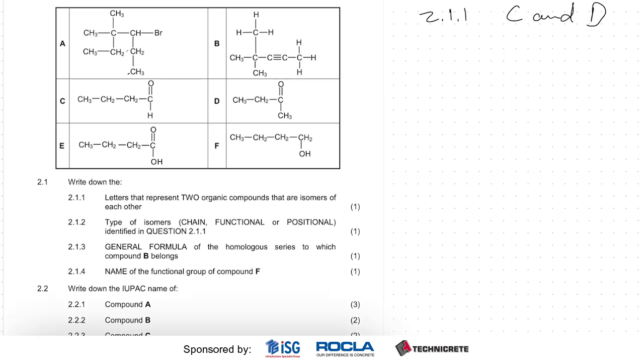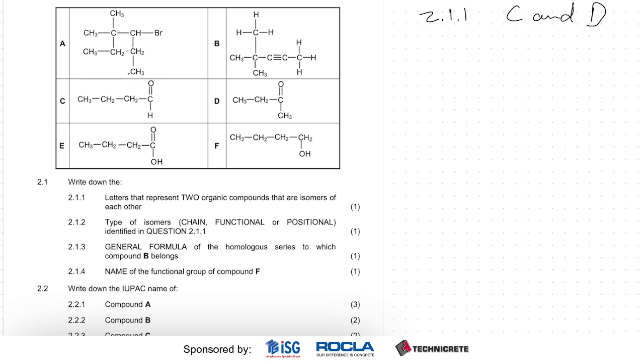What do they have in common? The thing is, they both have this carbonyl group, okay? The C double bond O. And that serves as the functional group. So the only difference is the positioning of the functional group. They both are straight chain molecules. There's no branching, so they're not chain isomers.